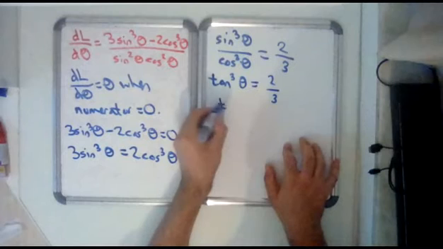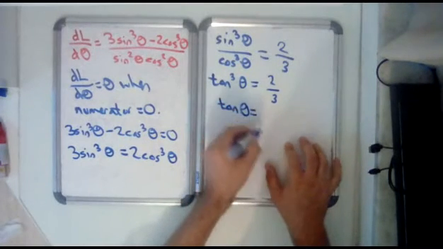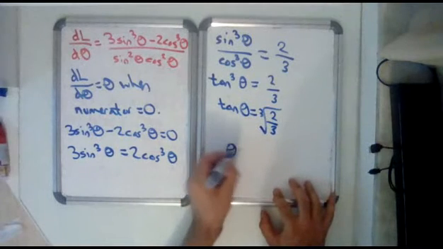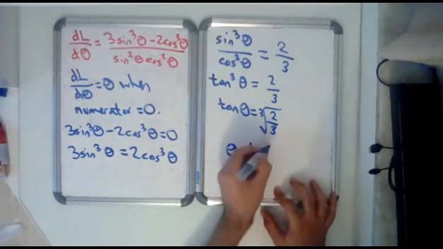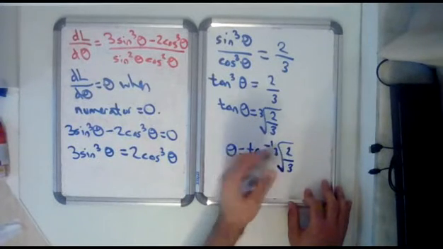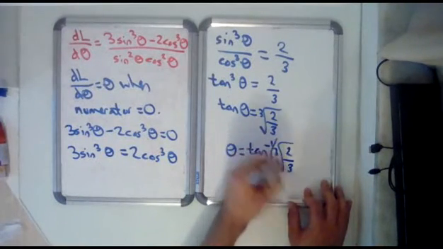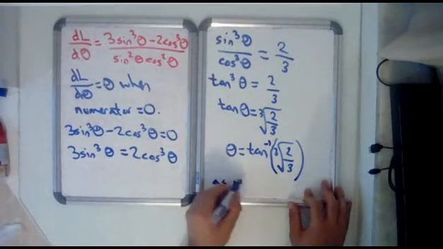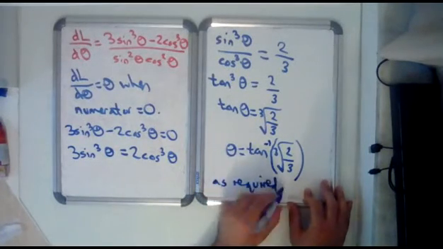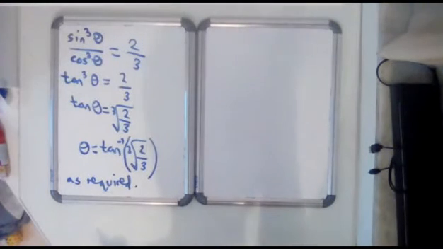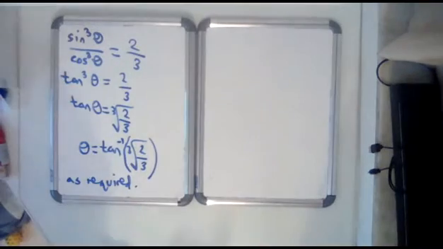So that would mean tan theta equals the cube root of 2 over 3, which would mean that theta equals inverse tan of the cube root of 2 over 3 as required. We found the value of theta when dl by d theta, the rate of change of the length of the rod or tube with respect to theta, is 0.